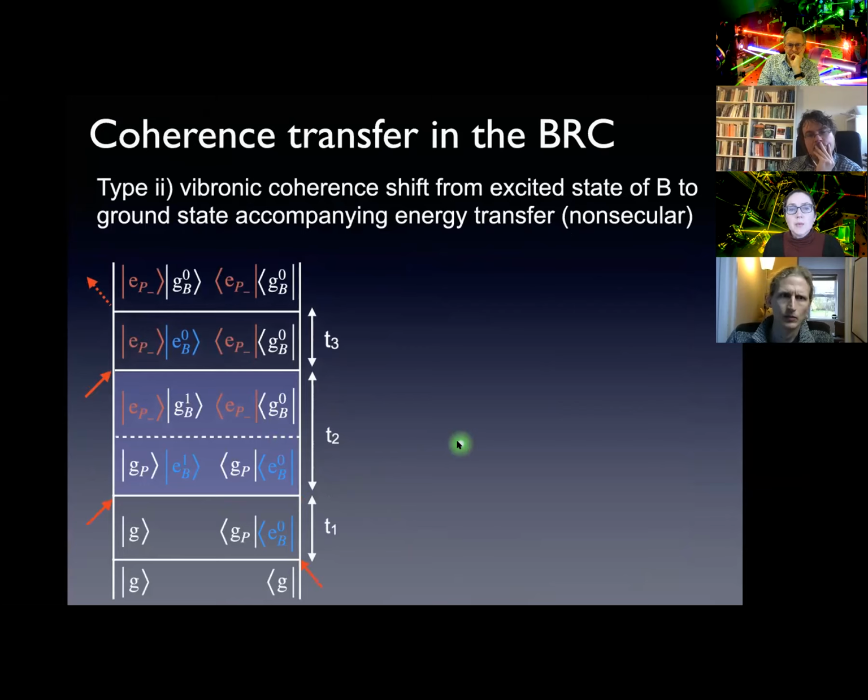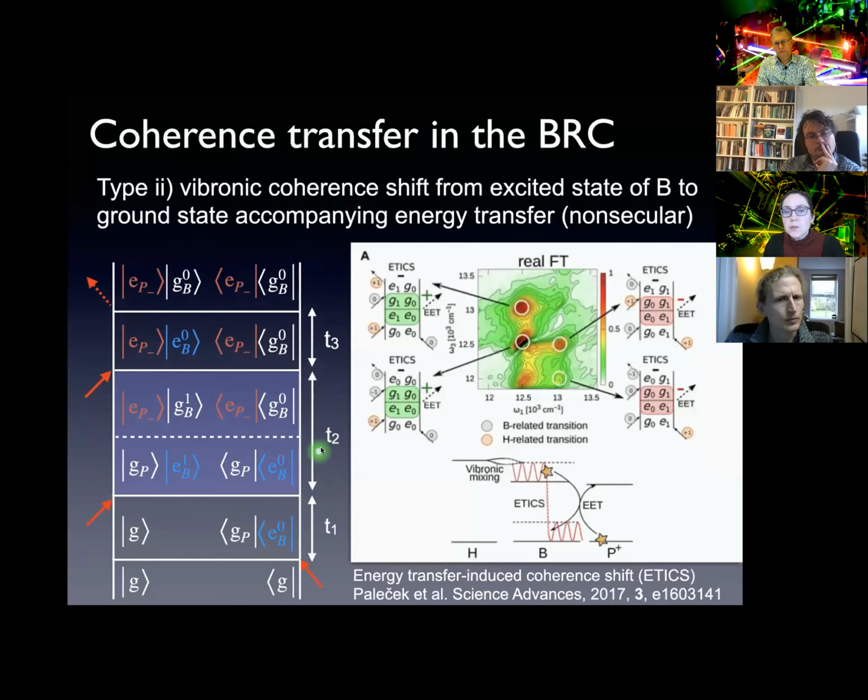The second type of coherence, here in this case, we identify vibronic coherence shift. So initially we begin in the excited electronic state corresponding to B. And then during T2, we have energy transfer from B to the lower P exciton. Okay, and so there's basically a coherence transfer associated with this energy transfer process.